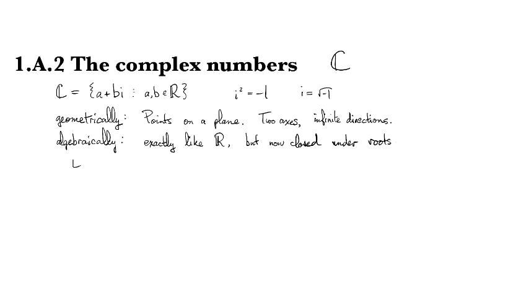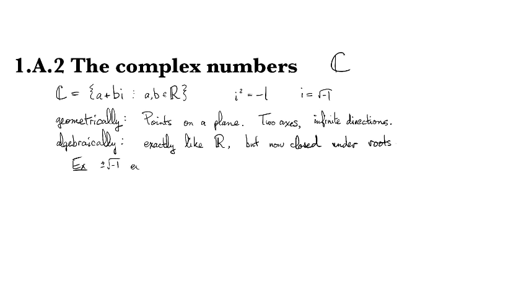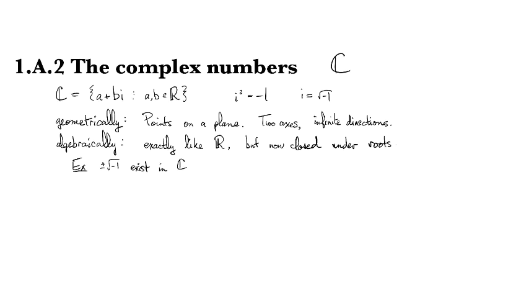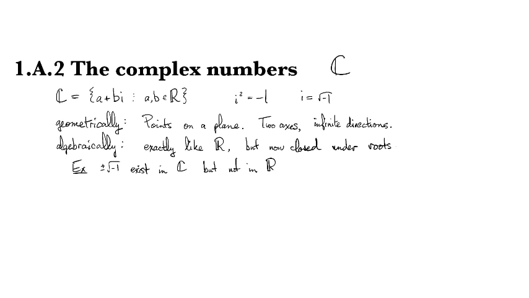For example, what do I mean by that? Well, let's take a look. If I look at the square root of negative 1, positive or negative square root, these are elements of, or exist in, the complex numbers, but not in the real numbers.